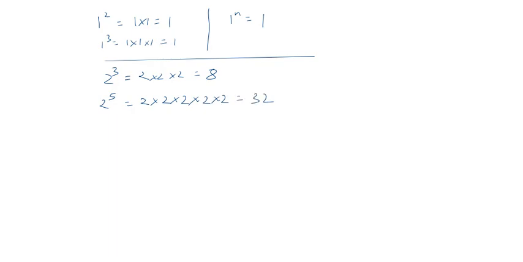It is 32. Same, any number you can multiply. Suppose 3 is there, 3 cube you have to calculate. That is equal to 27. I think that now you understood how to calculate these numbers with powers.